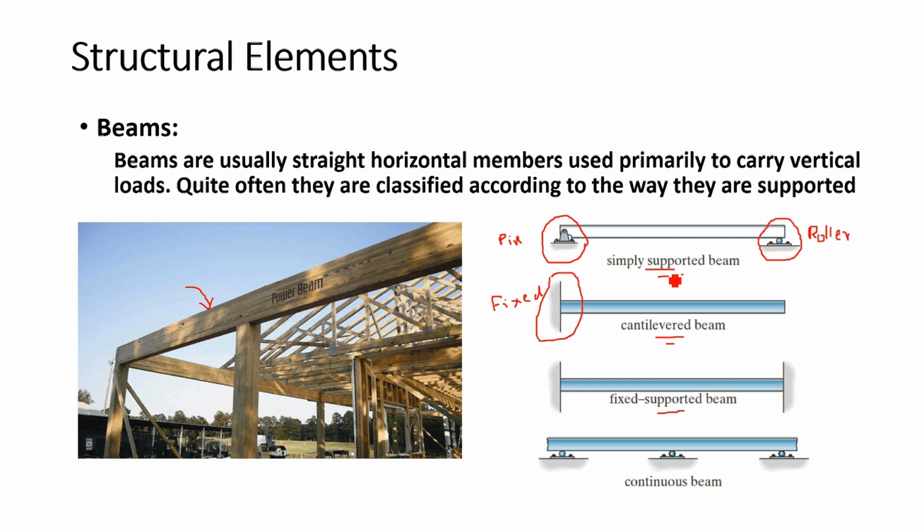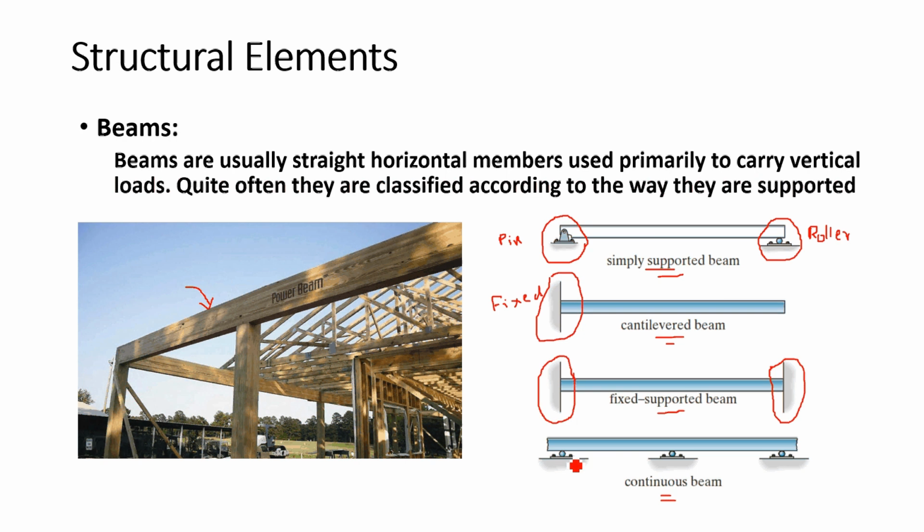Similarly, simply supported means that at both ends, pin and roller, your support is simple. If it is fixed supported, from the name itself you can understand that in both sides you have fixed support. The final one is the continuous beam. That means your beam has more than two supports.